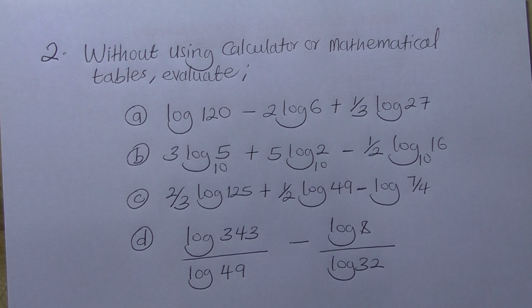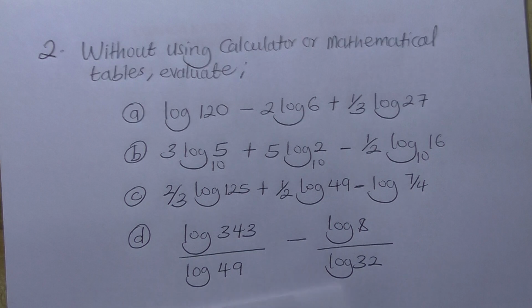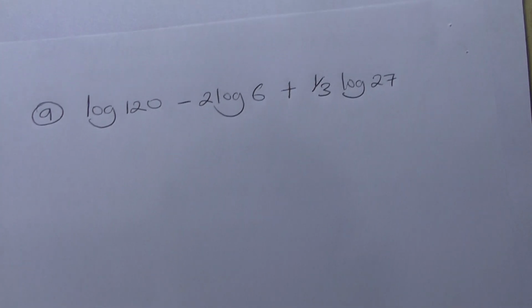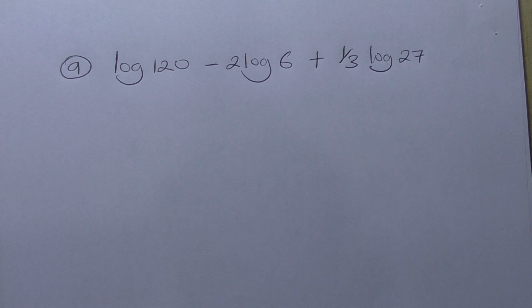So let us start on our part A, which is log 120 minus 2 log 6 plus a third log 27.